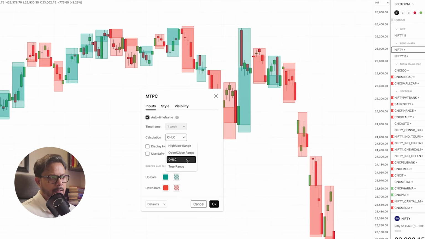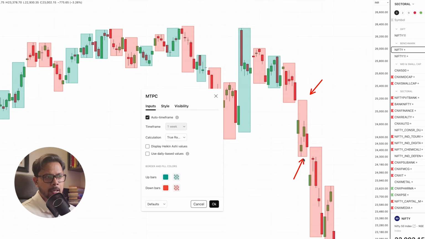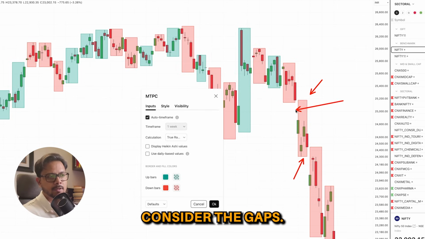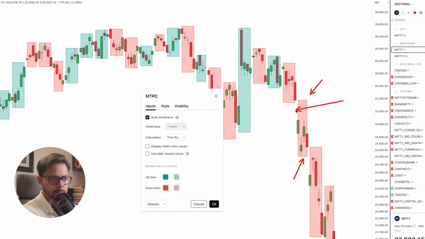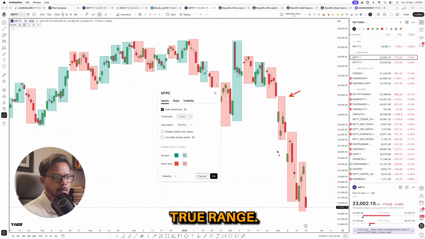And the fourth one is true range, wherein the true range will consider the high and low, not the candlestick. And it will also consider the gaps, if there were any gaps. Pay attention to this section. Take a look. You see, this is the true range.